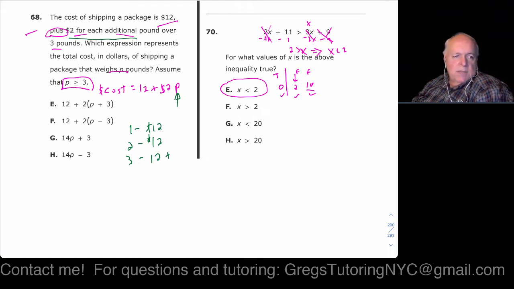Because it's asking what represents the total dollars of shipping a package that weighs p pounds, assume p is greater than or equal to 3. So what we need to do is adapt for this scenario from this point forward. So if we have 4, we need to accommodate for that amount there.